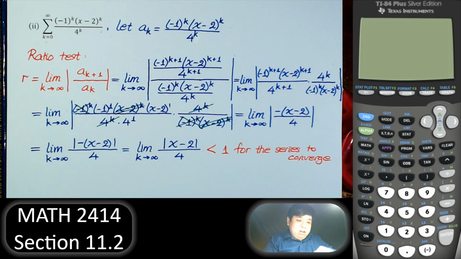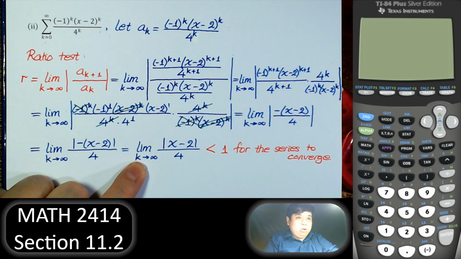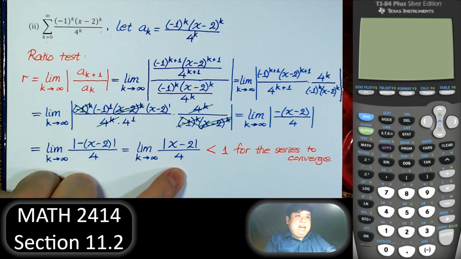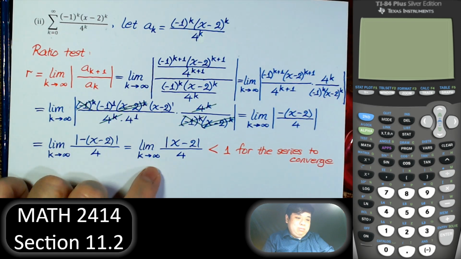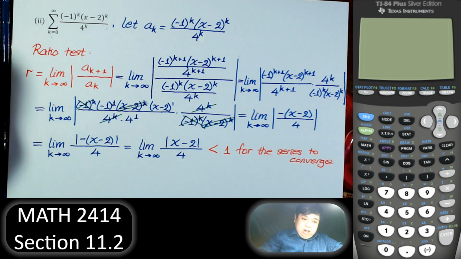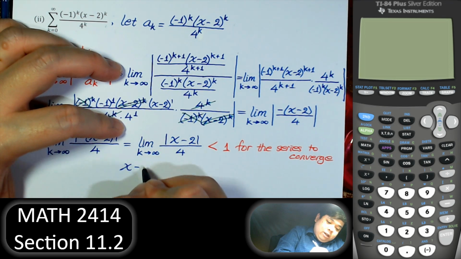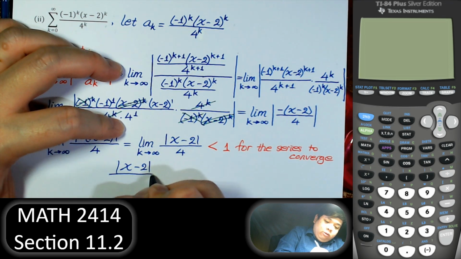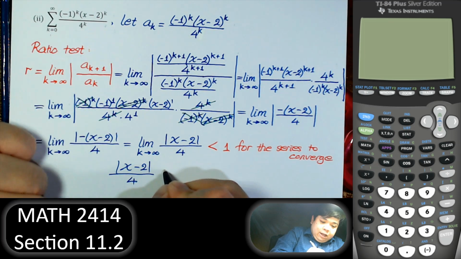The nice thing is we have the limit as k goes to infinity, but there's no k in here, so we don't even need to write the limit. So we have the absolute value of x minus 2 over 4 less than 1.